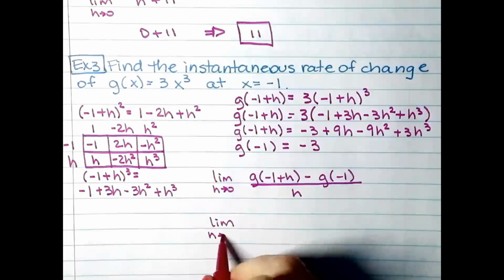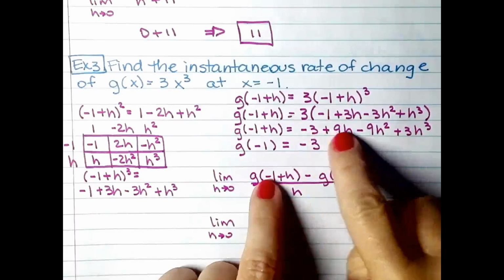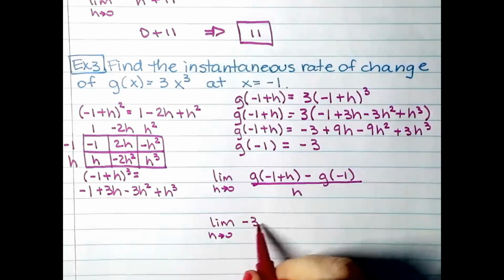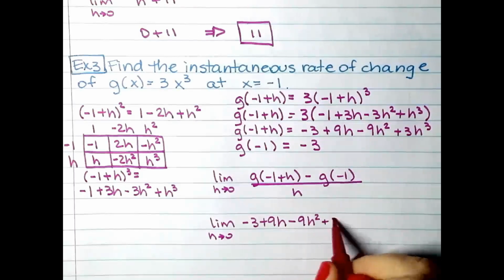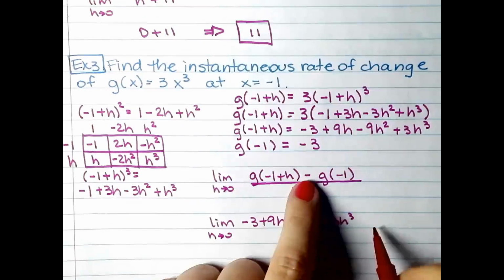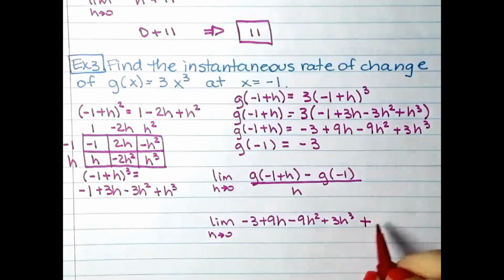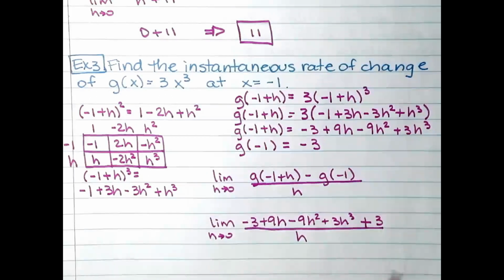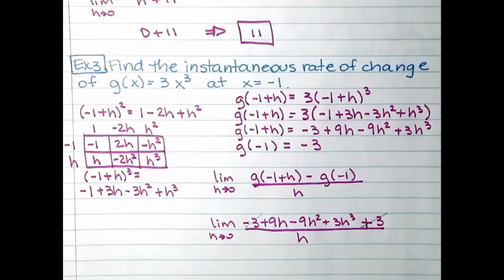Limit as h approaches 0. I know this guy is this expression right there. So negative 3 plus 9h minus g of negative 1 is negative 3. Everything over h. Combine. Negative 3 plus 3 is 0.